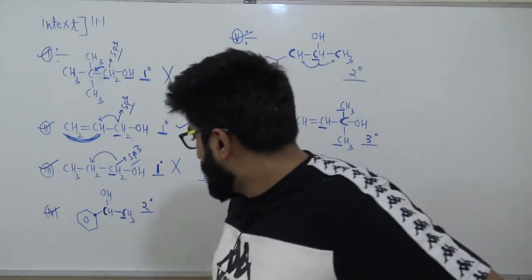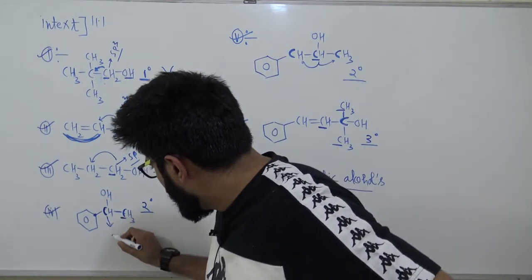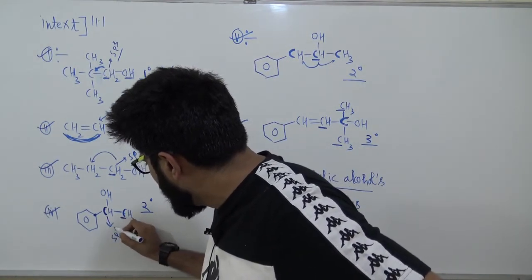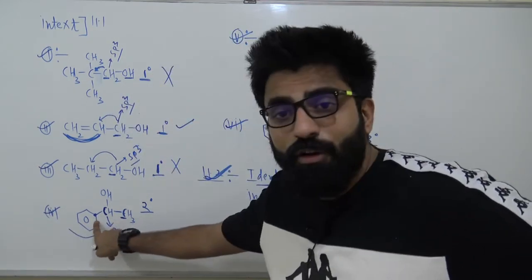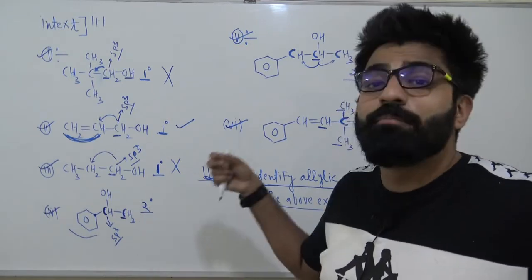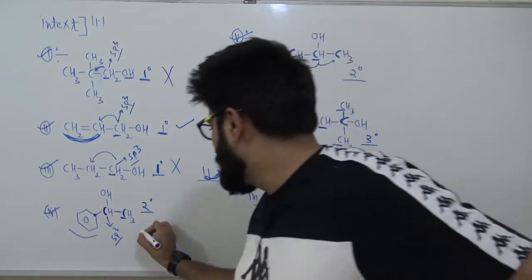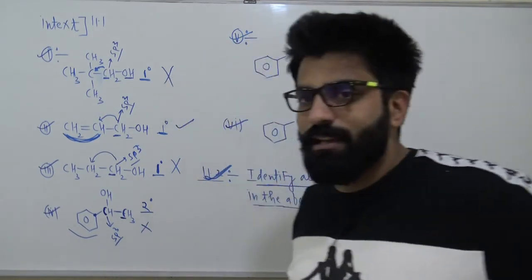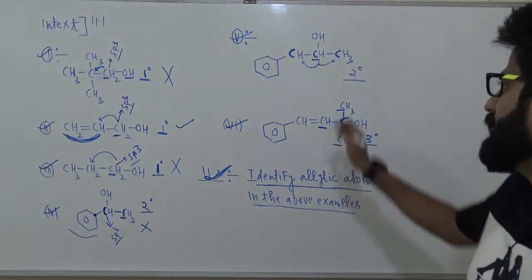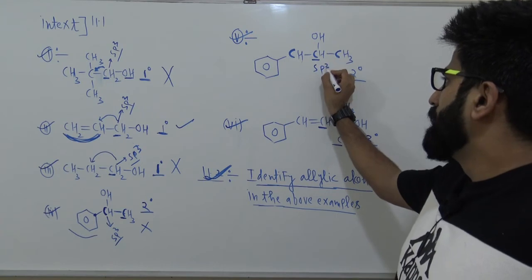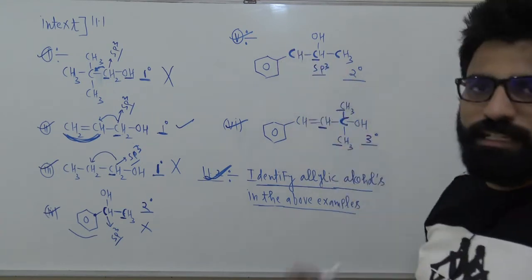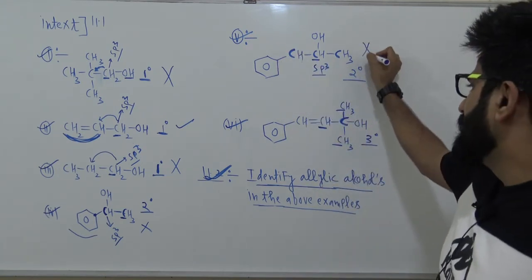Come to the next question. Here this OH is attached to sp3 carbon, but that is next to a benzene ring. This is not C double bond C. This is next to benzene. This is benzyl, not allyl. Okay, so we are looking for allyl. This is not allyl. Come to the next question. Here also the carbon to which OH is attached is sp3, but it is not next to C double bond C. So this is not allyl.